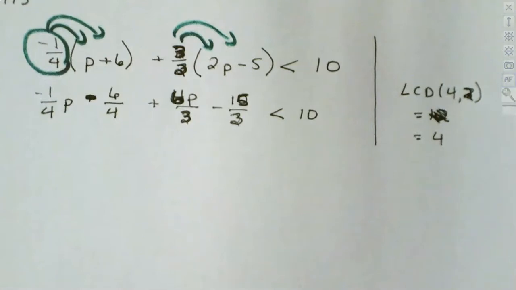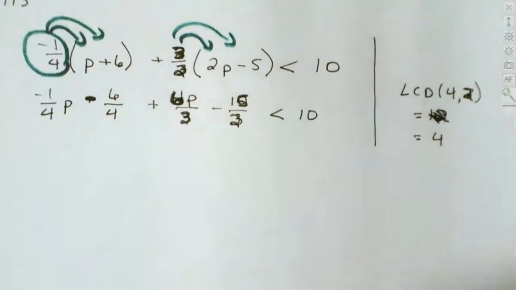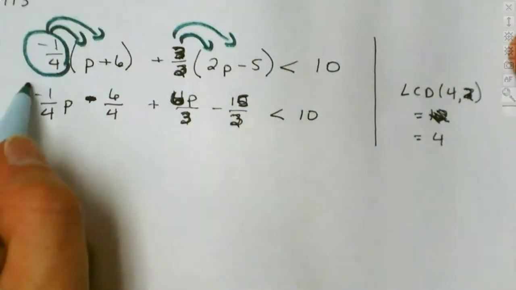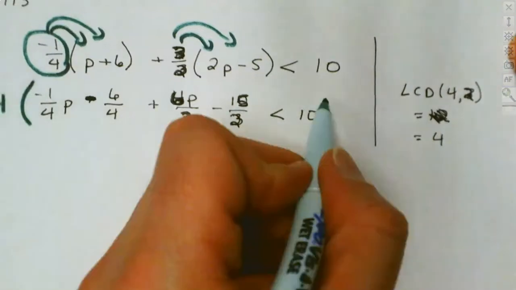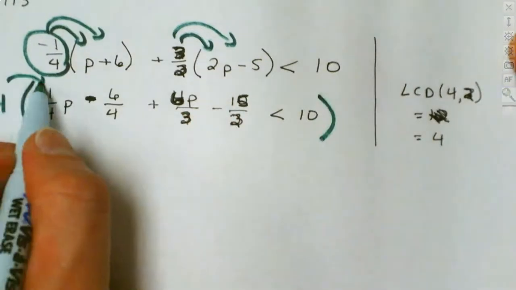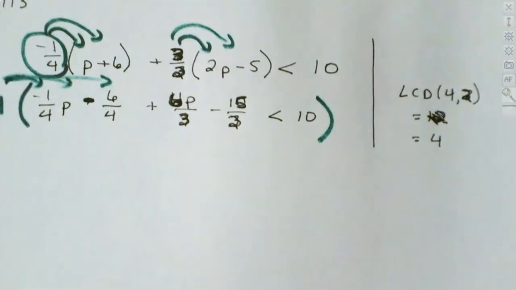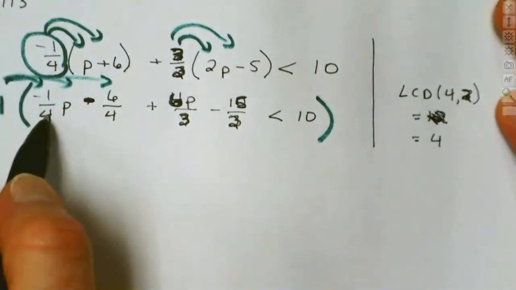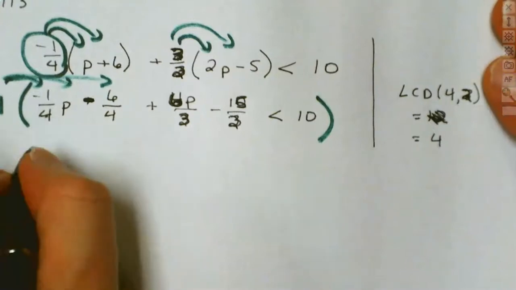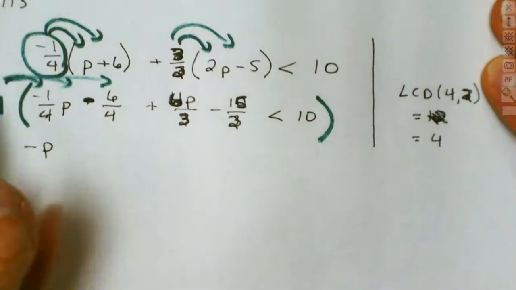Now we can go ahead and multiply it all by 4. Remember, these are 2's down below here. So multiply everything by 4 now. That'll clear out all of our fractions. And what do we have? We have 4 divided by 4. That's gone. So that leaves you with a minus p.